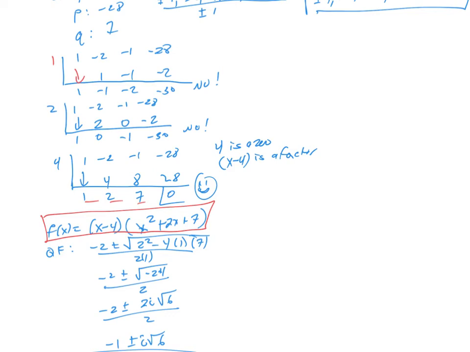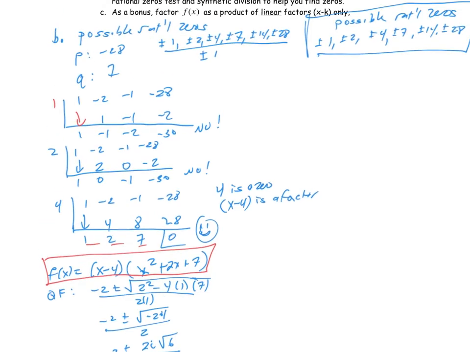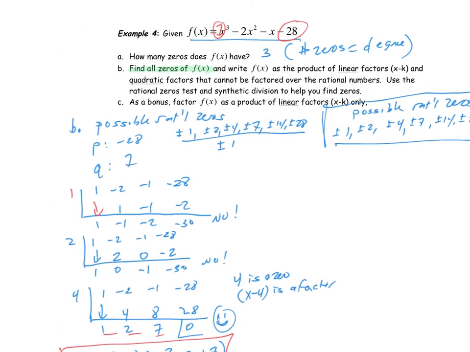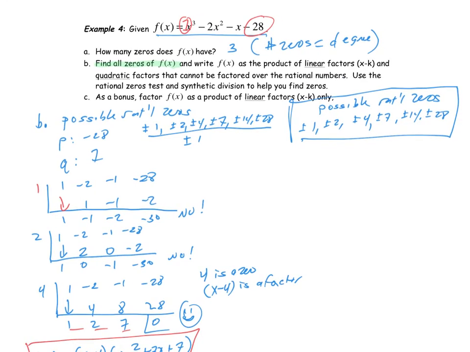And then part C asks us for something that we haven't done much of. It says, as a bonus, factor f of x as a product of linear factors. So that means that each 0 is going to yield a factor of the form x minus k. So for part C, we can write f of x is equal to x minus 4.